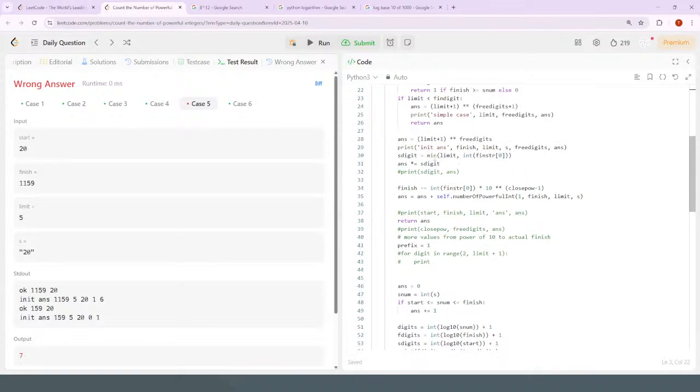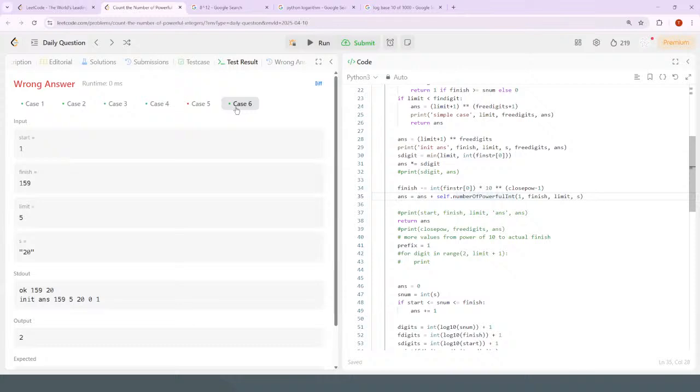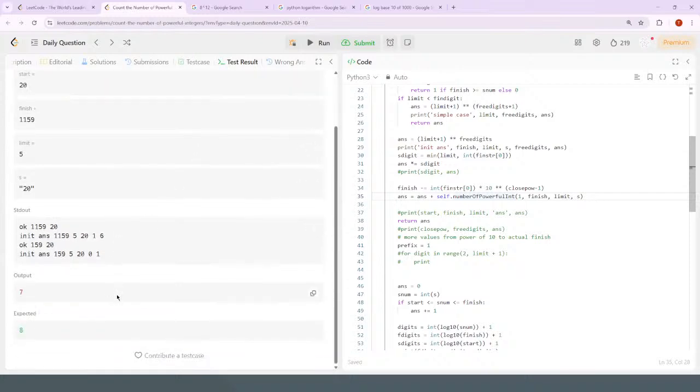So it does 6. So the initial answer is 6. And then it should be calling it for 1 to 159. That should be 2. Like literally that was 2 right there. So the initial answer is 6 plus 2.